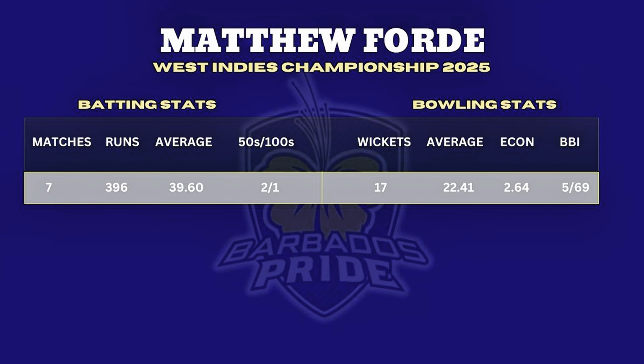He played 7 matches, amassed 396 with the bat, average of 39.6, with 250s and 100, right? And with the ball, he took 17 wickets at an average of 22.41, at an economy of 2.64, and his best figures were 5 for 69, right?